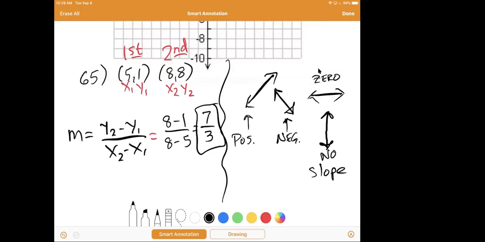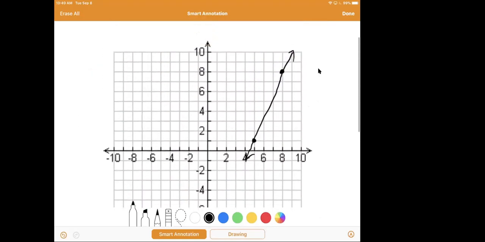Because what the slope does is it identifies the change in the y values. The top number is your vertical change, and the bottom number is your horizontal change. So let me show you how that applies to the problem. The slope is 7/3. Let's go back up and look at the point right here. Okay, and I'm going to change to red. So if we're down here at this lower point and we want to get here to this upper point, we would need to go up 1, 2, 3, 4, 5, 6, 7 steps.